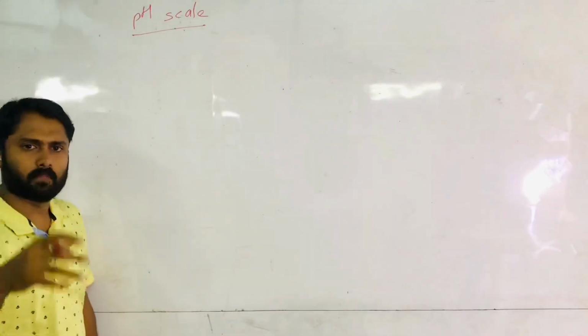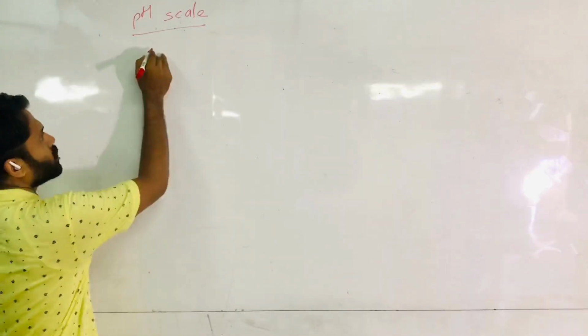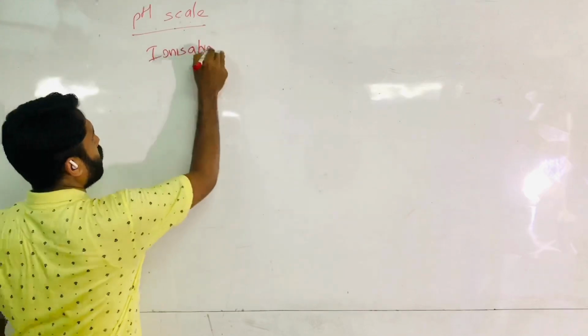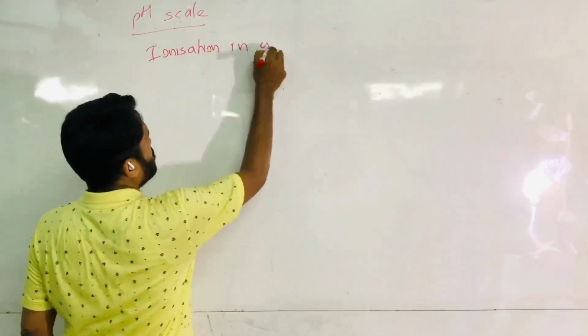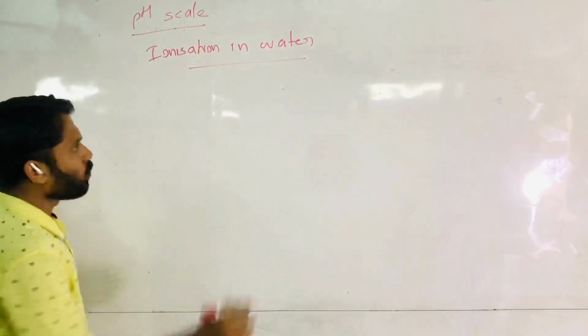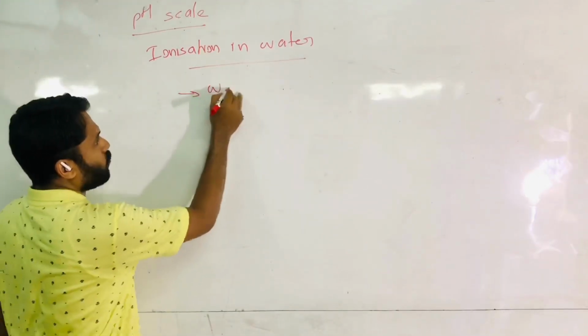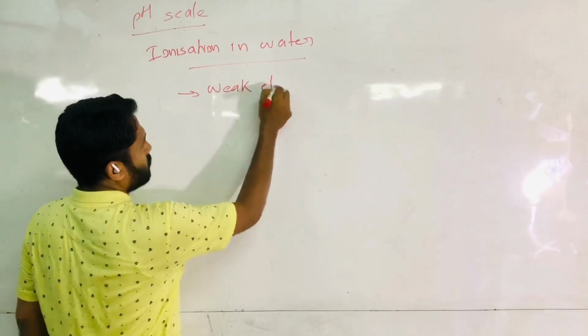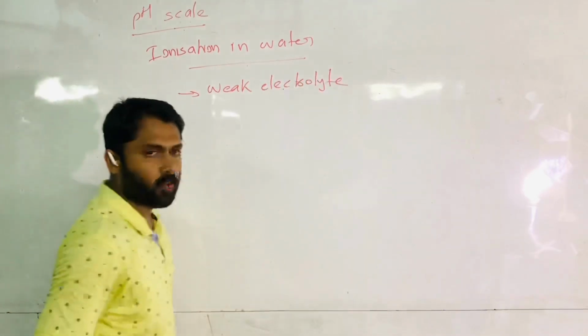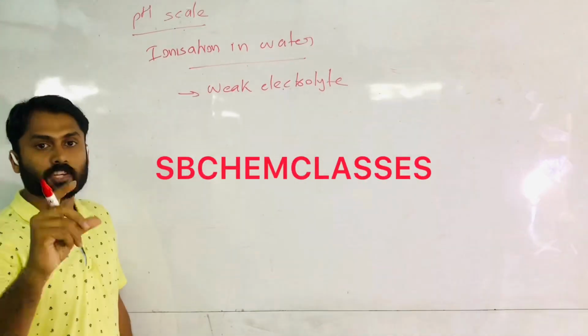Before knowing the pH scale, we should have an idea about ionization in water. Water is a weak electrolyte. That means water undergoes partial dissociation.